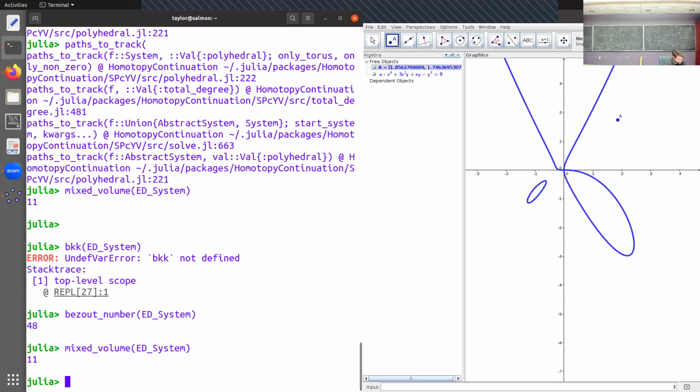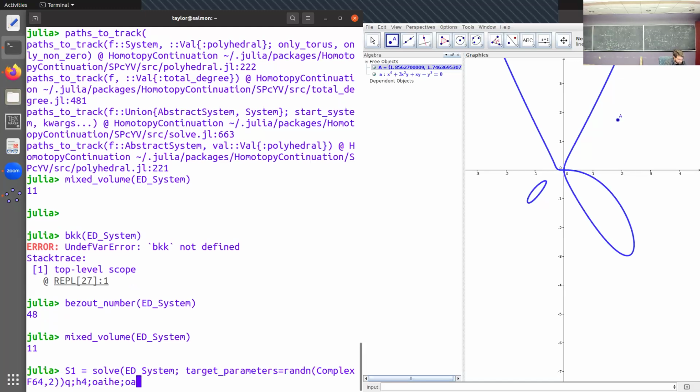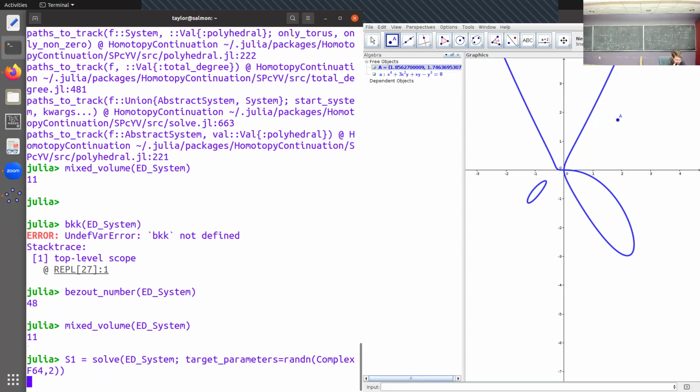So now let's solve, without this goofy stuff at the end, yeah? So this is just solving over just random complex points. It's essentially a meaningless computation in the context of interpreting it as nearest point stuff right now. But it's going to form the start system for the parameter homotopy.